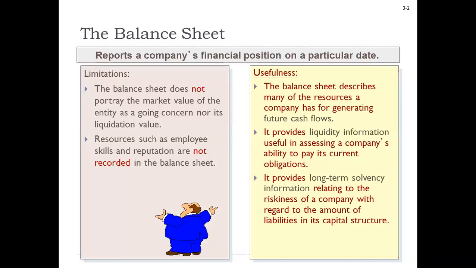And then it also provides information about the long-term solvency of a company. Long-term solvency basically is how can it stay in business in the long term? And that relates to the amount of liabilities in its capital structure. And we'll talk about that in subsequent chapters.